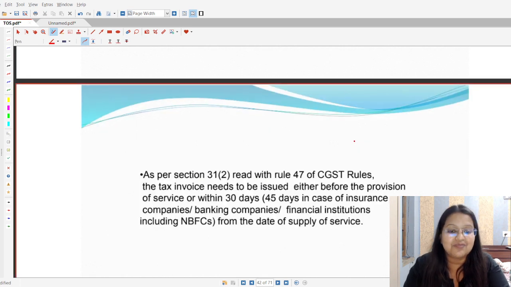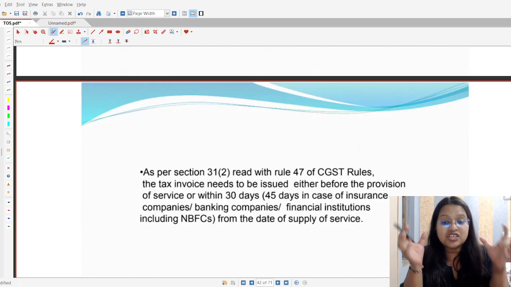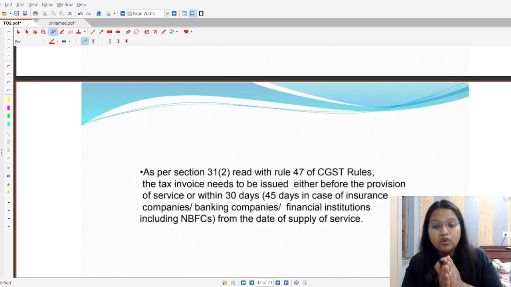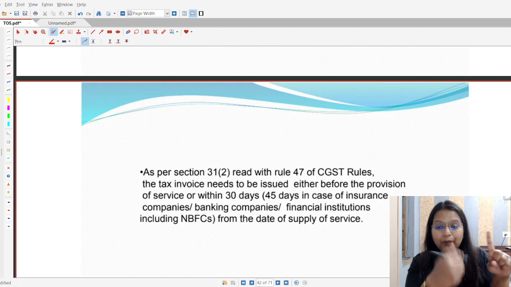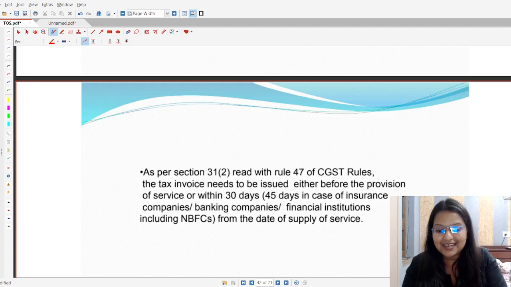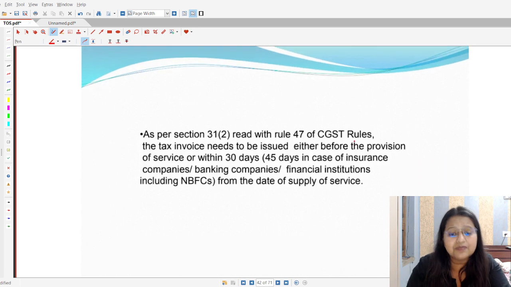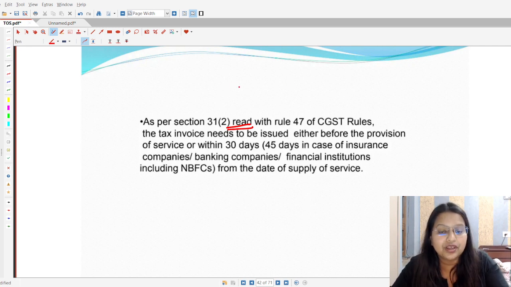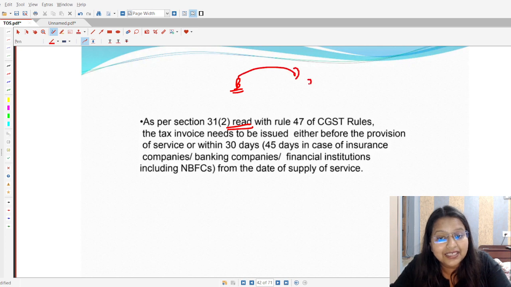Okay, let's cover. It means which provisions of section 31 will decide whether we have to apply method A, that is I or P, or method B, that is P or P, whichever is earlier. Now let's understand it. As per section 31, subsection 2, students, the tax invoice needs to be issued either before providing the service or within 30 days from providing the service.